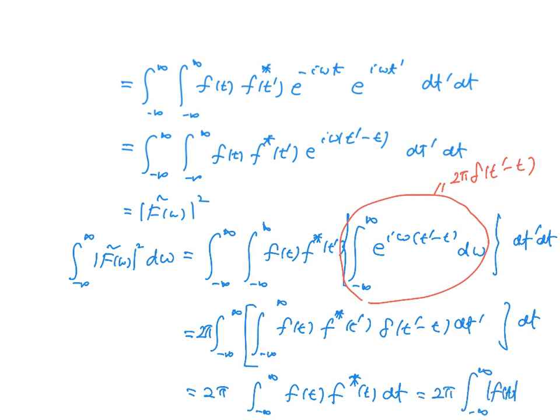So we have a very important result. The absolute square of a Fourier transform, if integrated from minus infinity to infinity of d omega, is the same as 2 pi times the absolute square of the original function over dt.